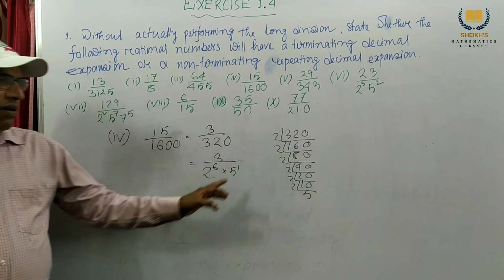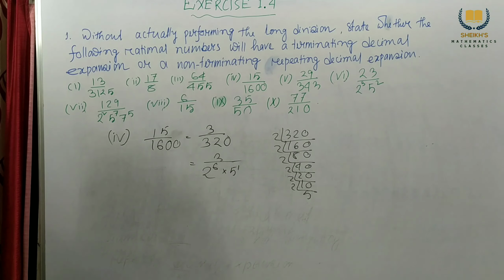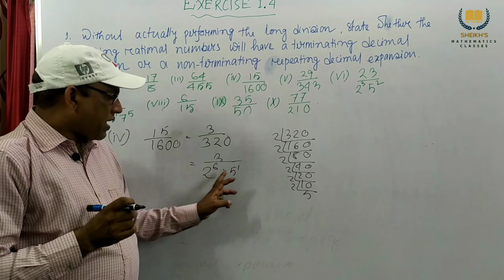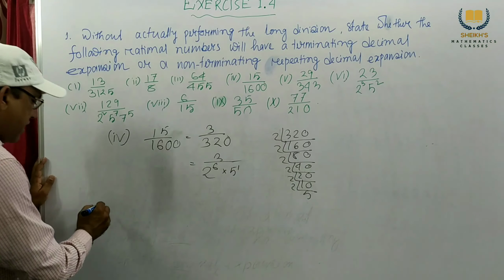Whatever the power, we get this is of the form 2 to the power n, 5 to the power m from here.